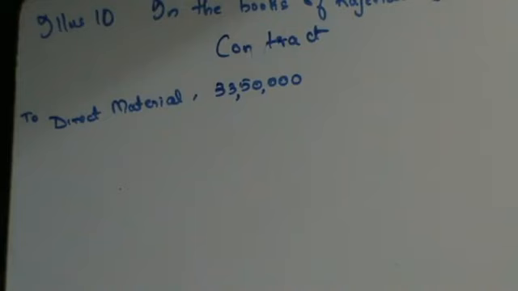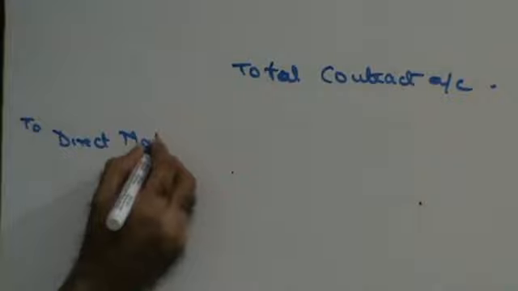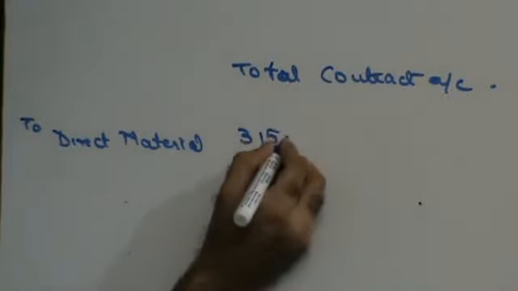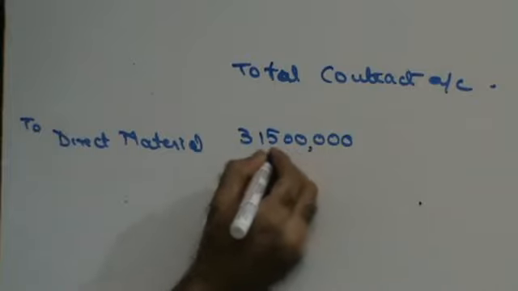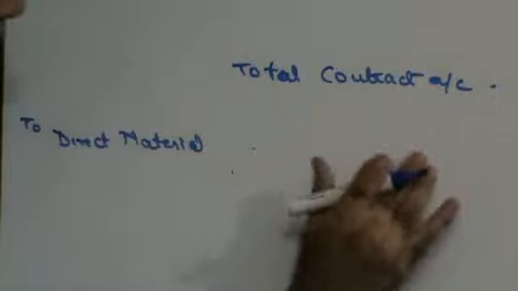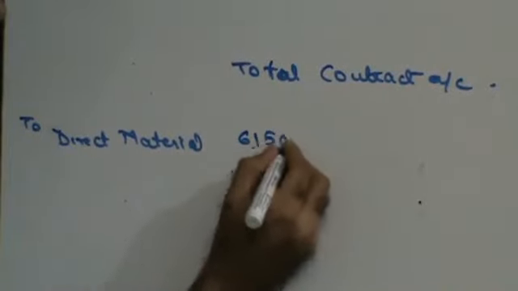So direct material is 33 lakhs and 28 lakhs, it comes to 61 lakh 50,000.